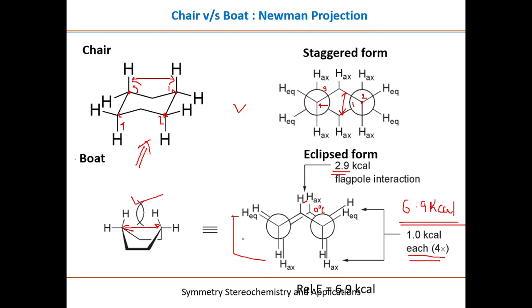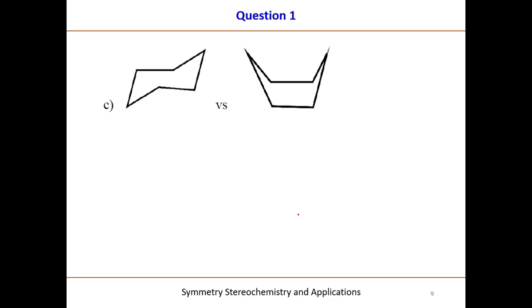One from this hydrogen-hydrogen interaction, and 2.9 from the flagpole interaction. Okay. So I hope all of you got this one. So in these two, which one will be stable? Chair one. Chair conformation is more stable compared to the boat one.